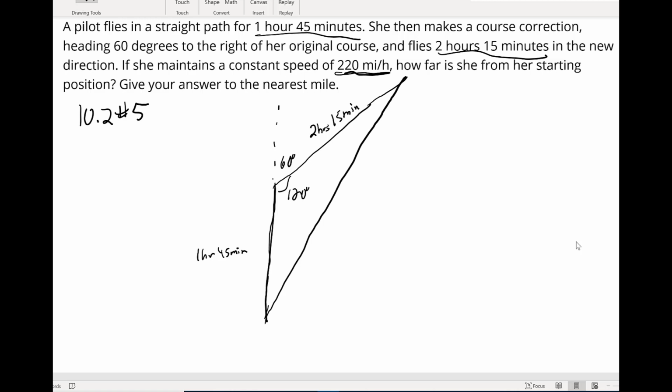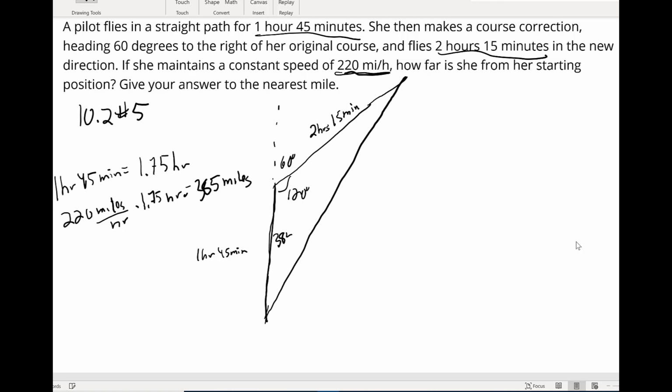So 1 hour 45 minutes is equal to 1.75 hours. If we do 220 miles per hour times 1.75 hours, we get 385 miles. So this is 385.